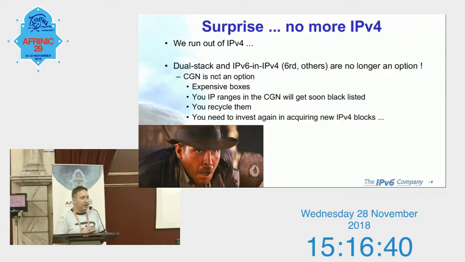Okay? So that means you need to stay rotating your IPv4 pools until all of them are in the blacklist. So then, in addition to have spent money in carrier grade NAT boxes, you need to spend money in buying new IPv4 addresses. So buying carrier grade NAT boxes is not a good idea.